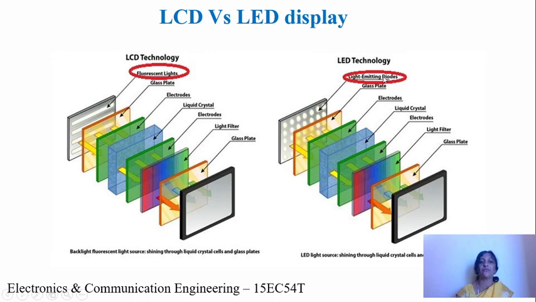This is the only difference with regard to the construction of LED display and LCD display. The remaining layers all remain the same: liquid crystal sandwiched between electrodes and glass plates. Everything remains the same. This is about the LCD and LED displays.